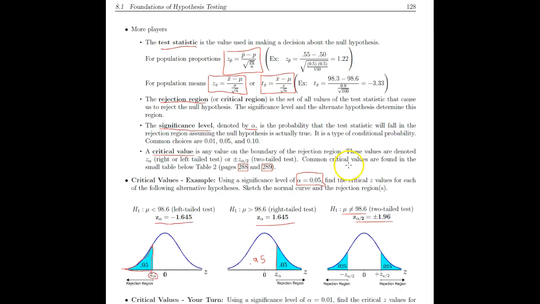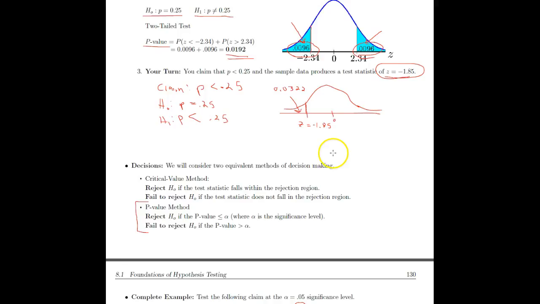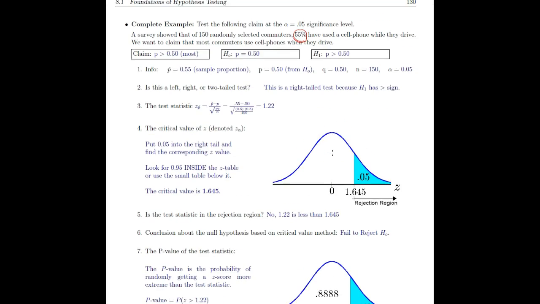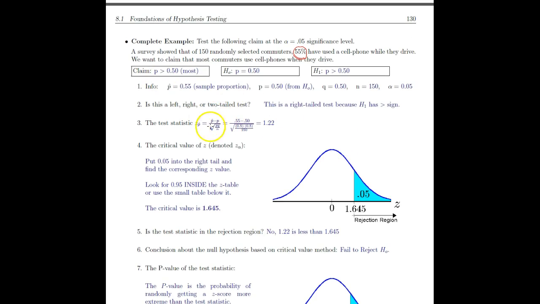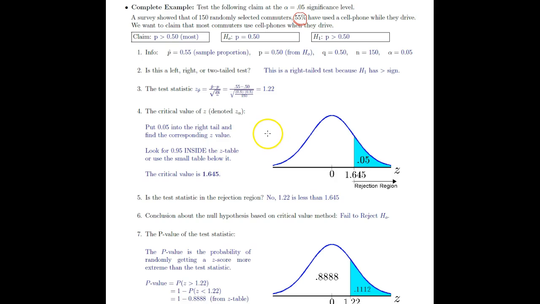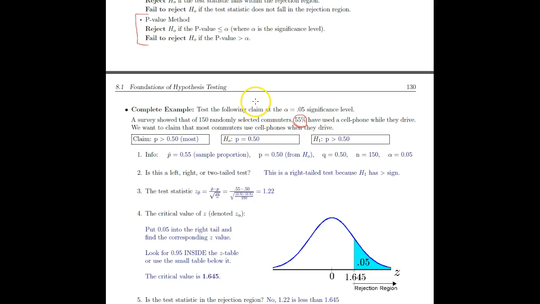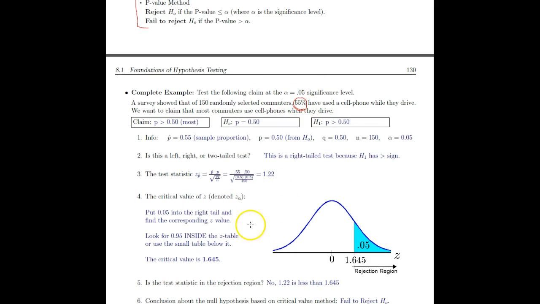Here are some test statistics, and we'll get more in depth into those in the sections to follow. So you use that formula, plug in the appropriate parts into the formula, and you get a test statistic of 1.22. Then you find the critical value of z for this alpha of 0.05.